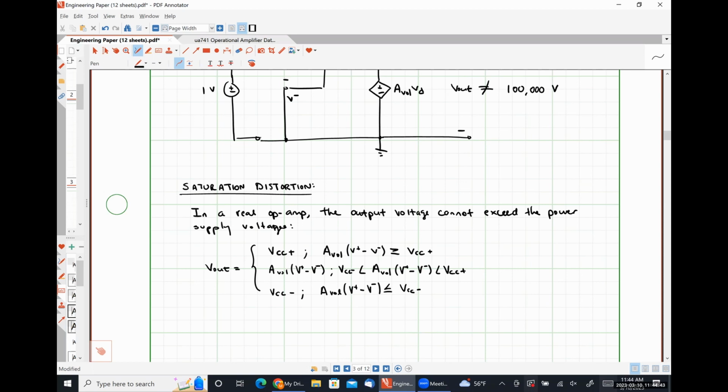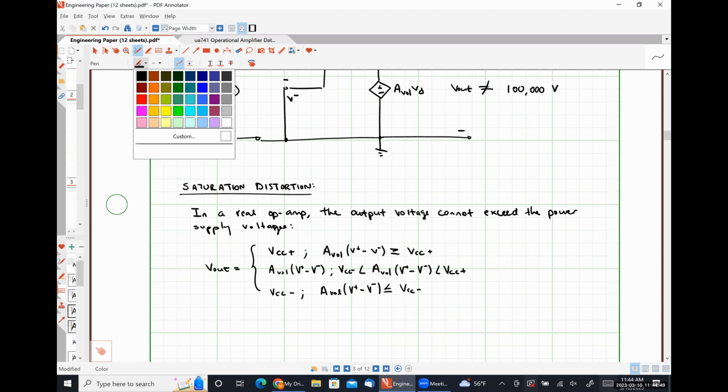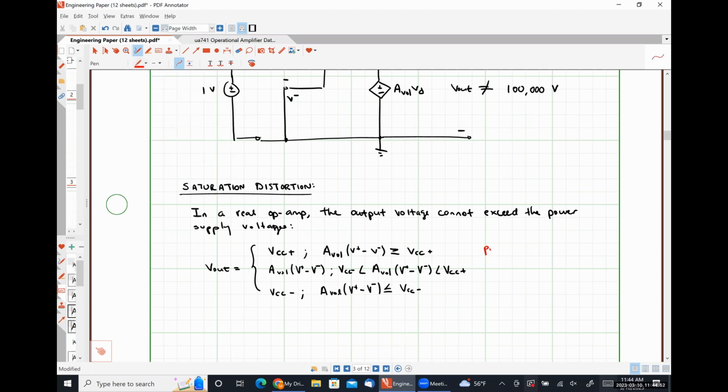So we effectively have 3 different points of operation. We have positive saturation on this side.